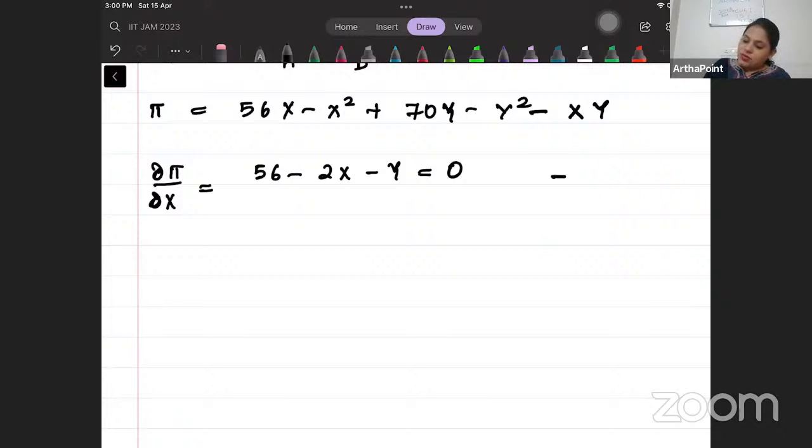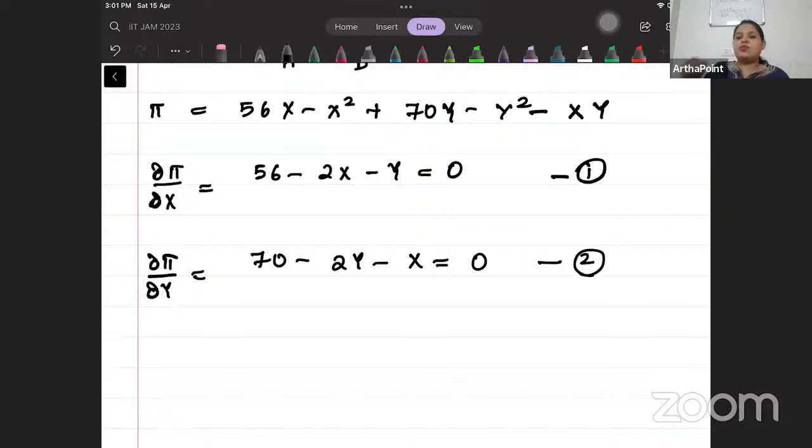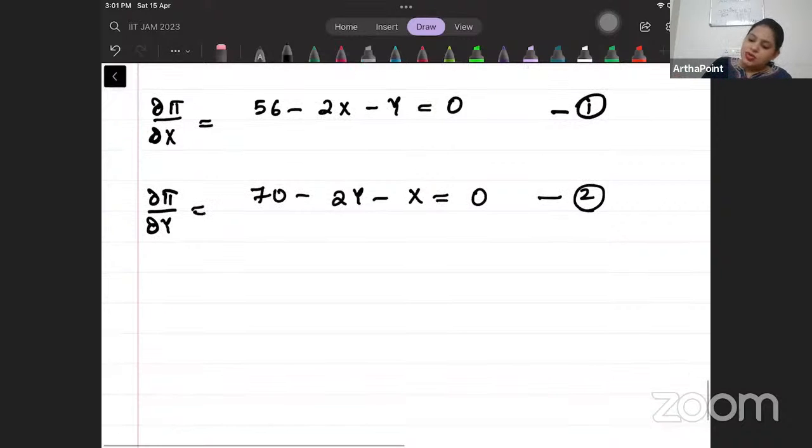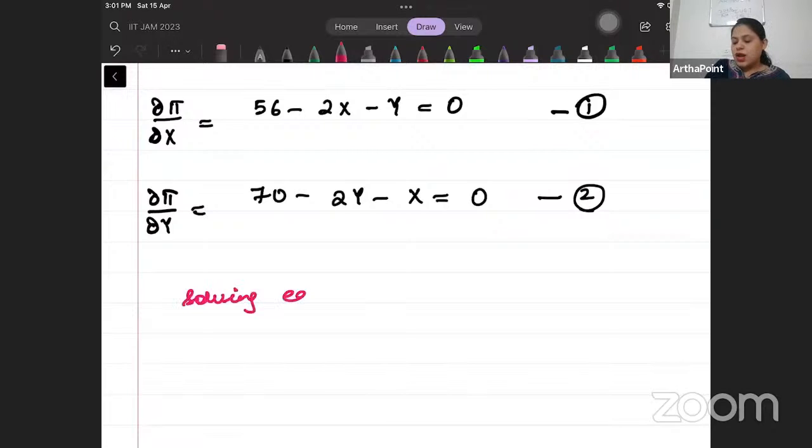This is equation 1. Del pi by del y will be 70 minus 2y minus x equal to 0. Equation 2. So solving equation 1 and 2 simultaneously.